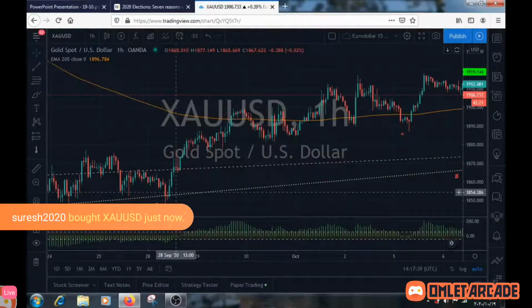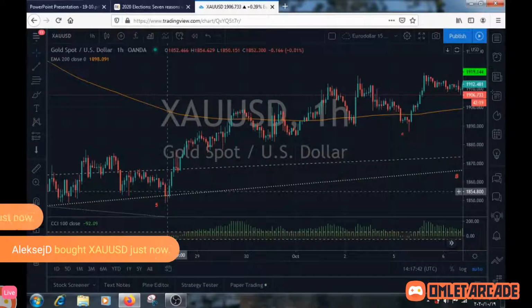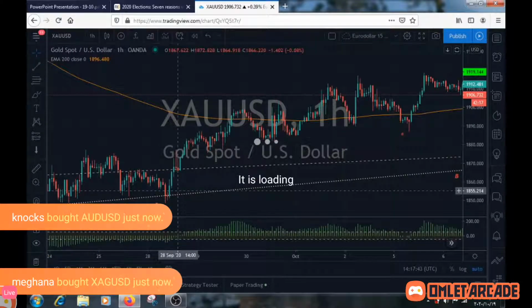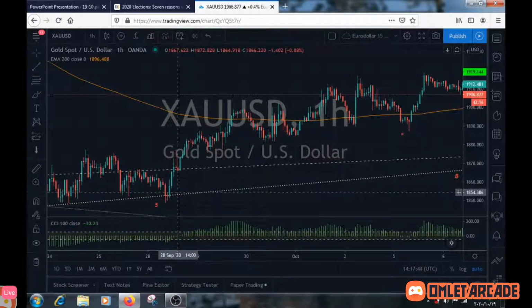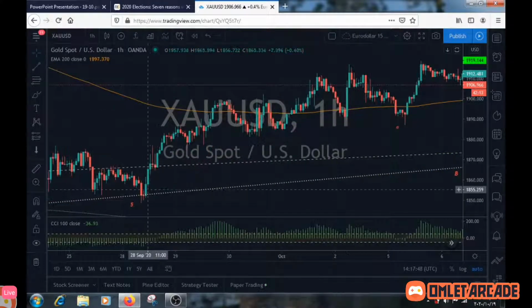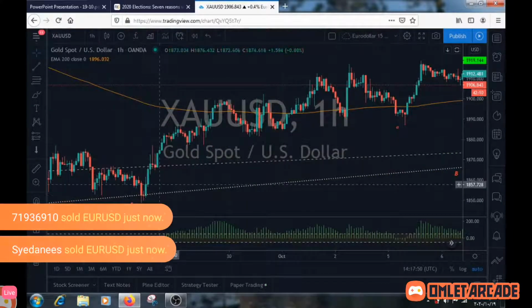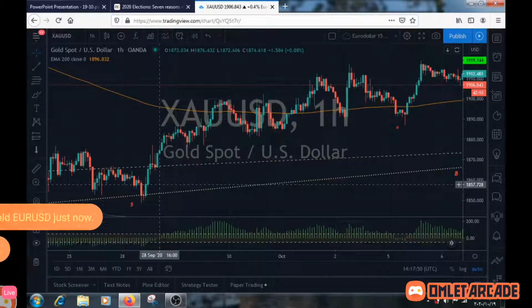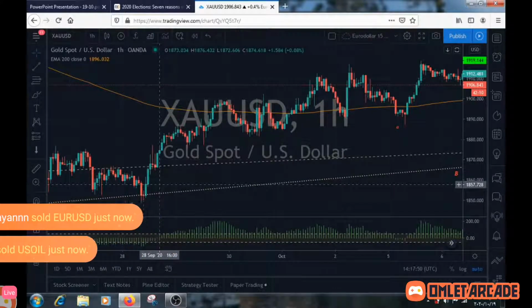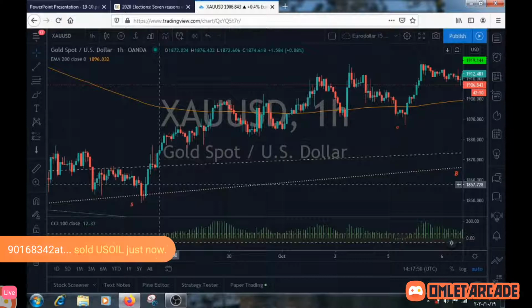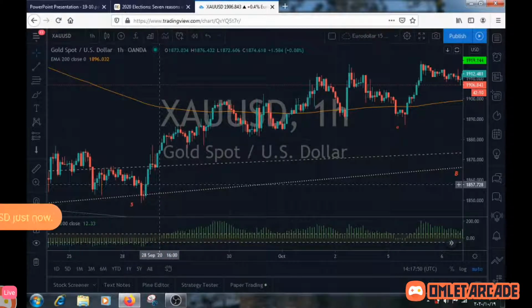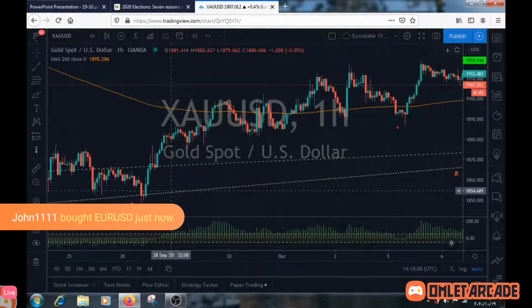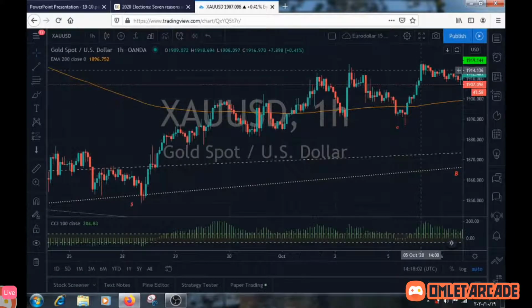This is the market look. This is a very important candle. It may look of no use, but this pin candle is $1,856. Of course, you're not going to wait there.